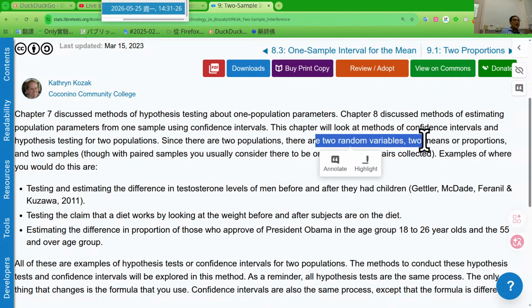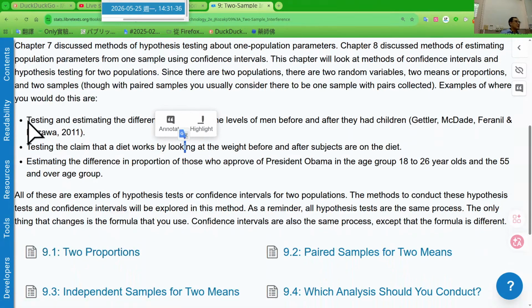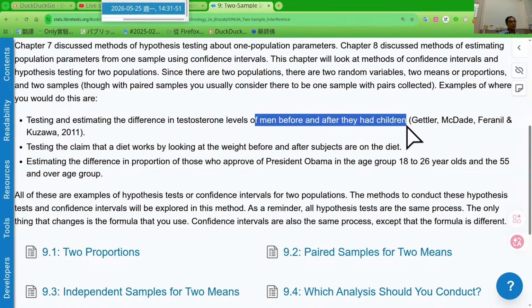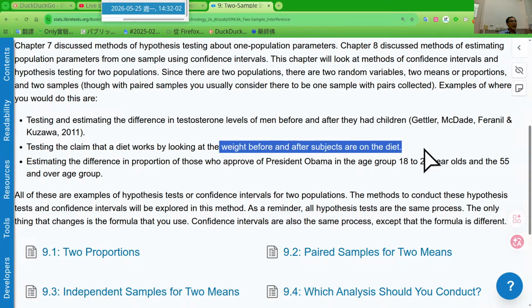Two random variables, two means or proportions, and two samples. Testing and estimating the differences in testosterone levels, testosterone being a sex hormone, from men before and after they had children, and testing the claim that a diet works by looking at the weight before and after subjects are on the diet.